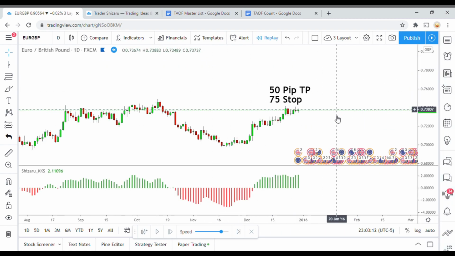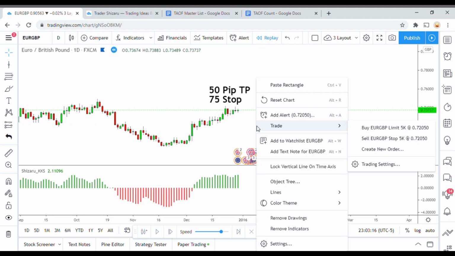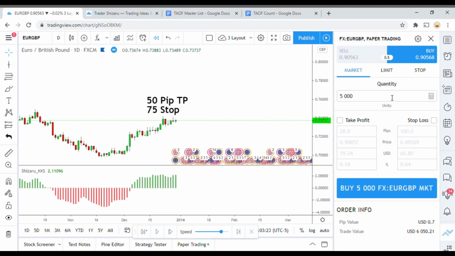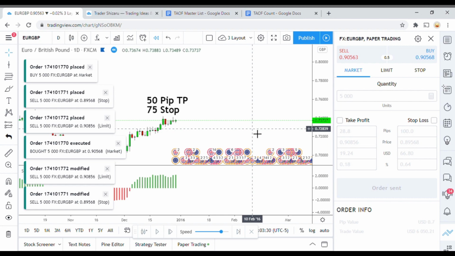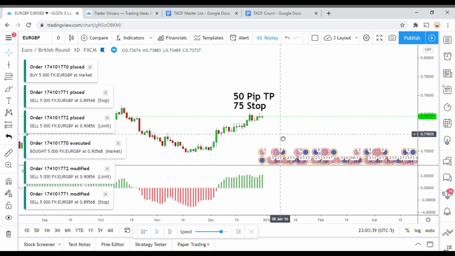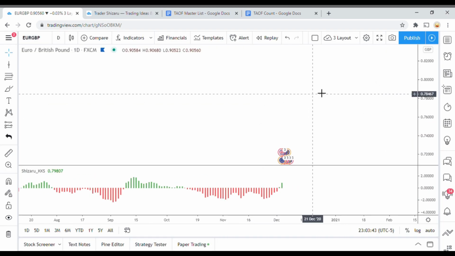It really is like, I don't know if I can, let's see. Let's see if I can actually place a trade here. Market, let's set that. Let's see if it works. I'm not sure if it's going to show it because I'm in the replay function at the moment. So let's cancel out of that.